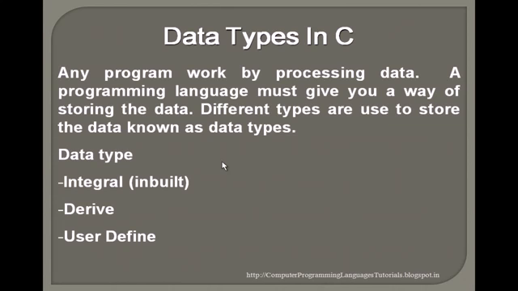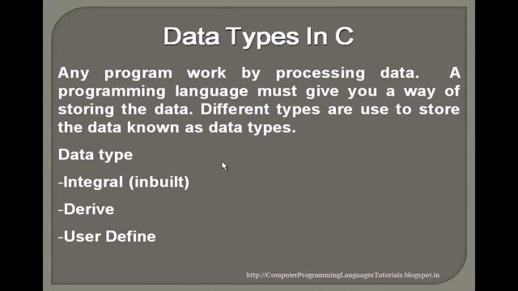A programming language gives you a way to store the data, but here different types are used to store the data. Why? Because if you want to store information of student, it has a different set of values, that is integer, or name is alphabetical, percentage is a fractional number.